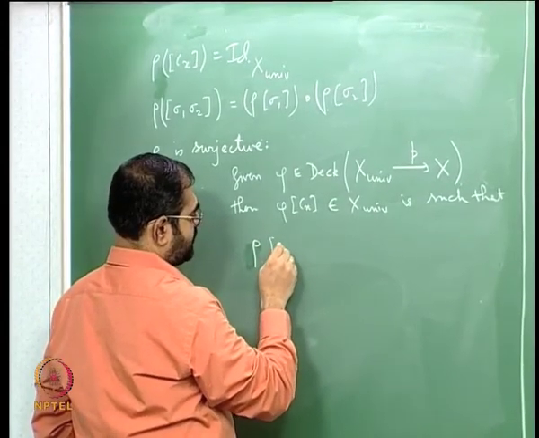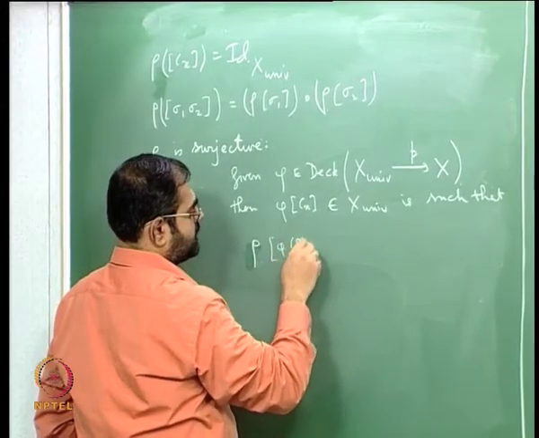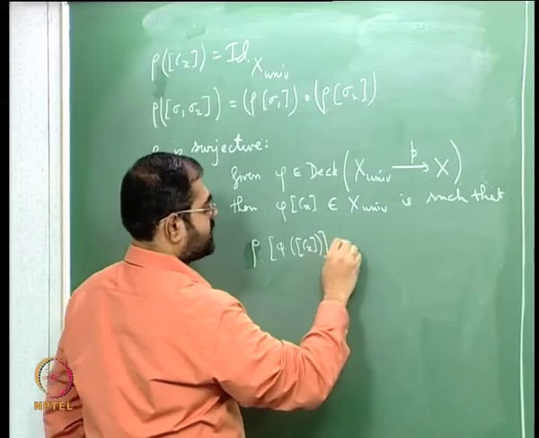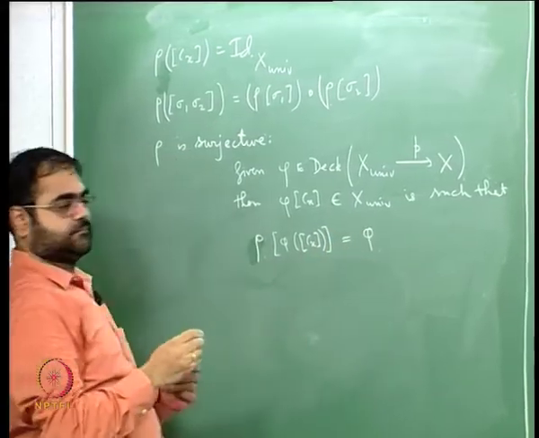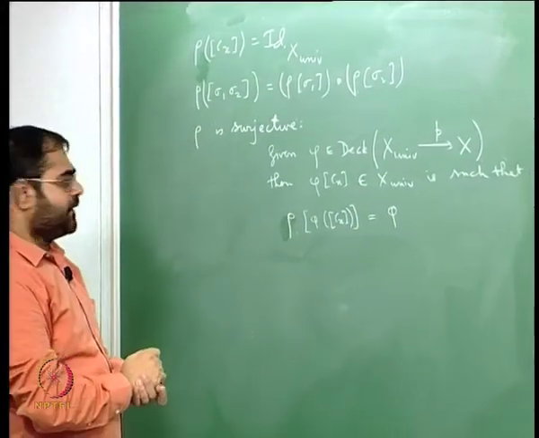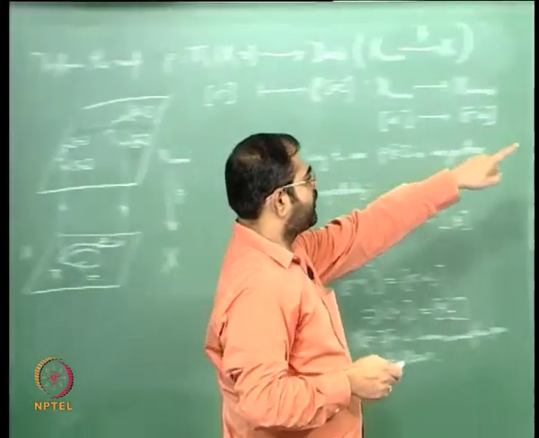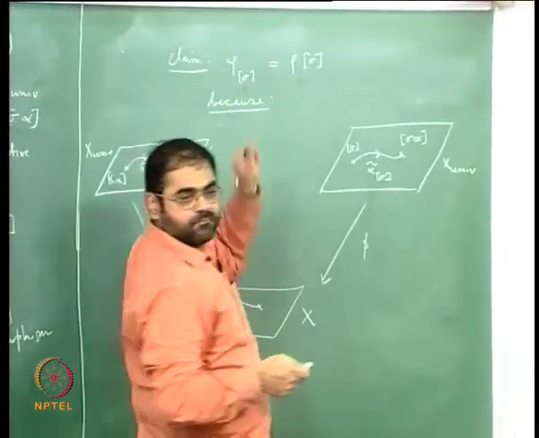Phi of Cx will be just phi, because rho of sigma is just phi sub sigma.